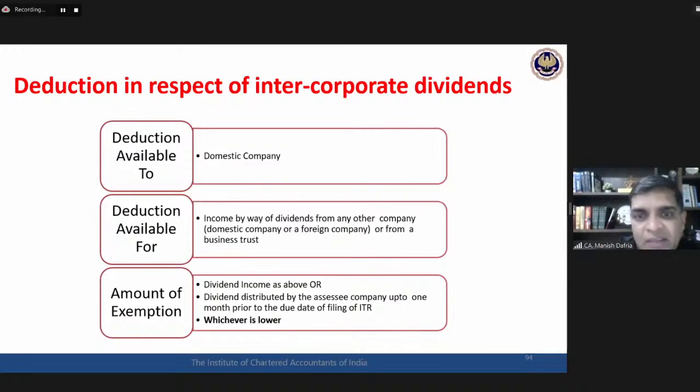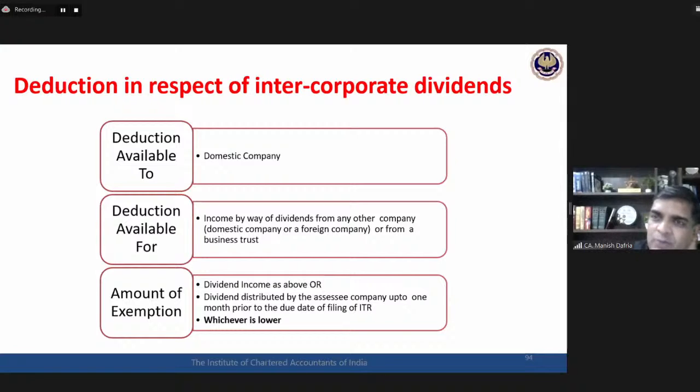My own dividend, which I have distributed till 1 month prior to the due date of filing of ITR for this FY 2021, that will be somewhere in September, October 21, whatever dividend I have distributed till that date, I can claim a deduction under section 80M. So calculation-wise, it is simple. The only point you need to keep in mind is the dividend distributed. Up till when can this dividend be distributed? One month prior to the due date of filing of ITR.